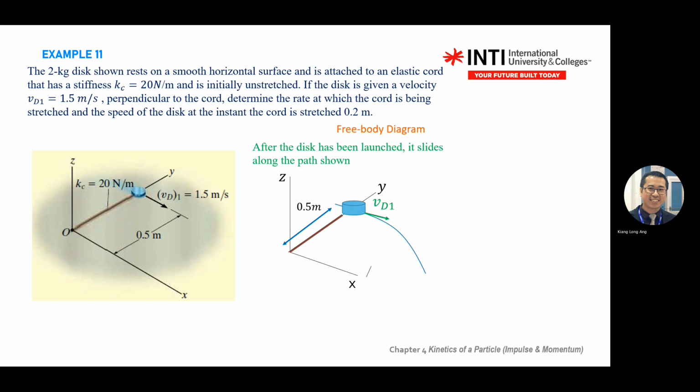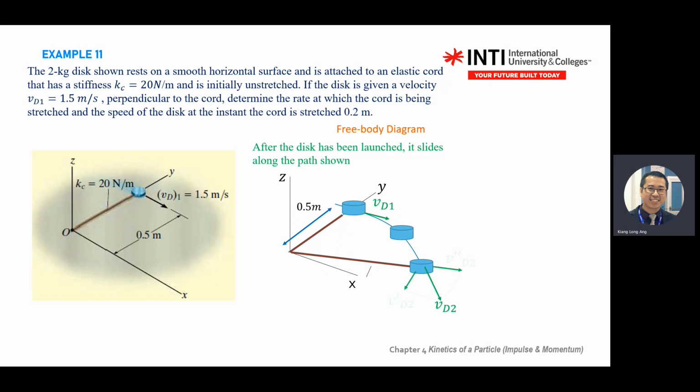Then it moves with V1 of 1.5 in a tangent direction. Then it travels until one particular time where the elastic cord is stretched to 0.2 meter. So you draw the diagram. This V2 is in a tangent direction, but you can split it into two directions.